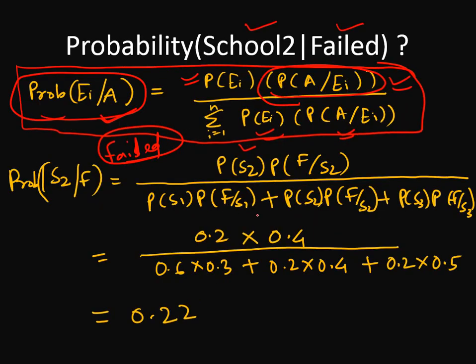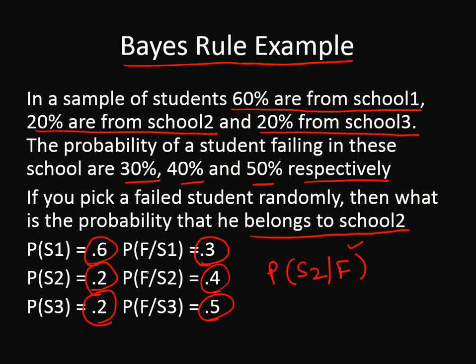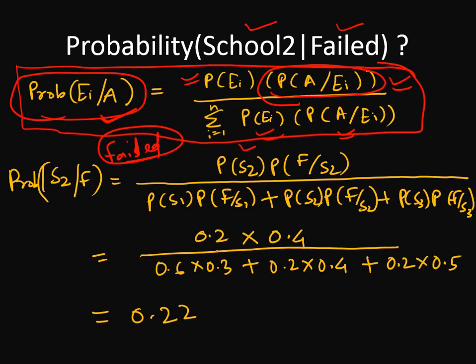And in the denominator, we have the summation of that. Summation of probability of S1 multiplied by probability of failure given school 1. Similarly for school 2, and similarly for school 3, right? So we put all these values. P of S2 is taken from the previous slide, which is 0.2, and then P of F given S2 is 0.4. So in the numerator we have 0.2 multiplied by 0.4, right?